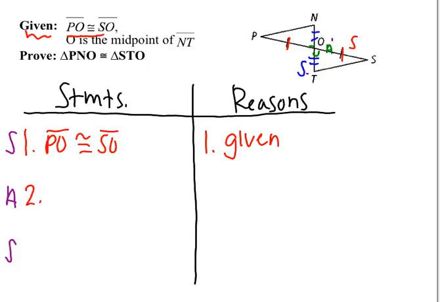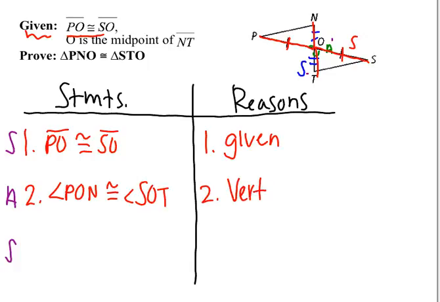Two, our angle, let's look at our angles here. Angle PON is congruent to angle SOT. Why is that? Well, those are vertical angles, so by the vertical angles theorem, they are congruent.